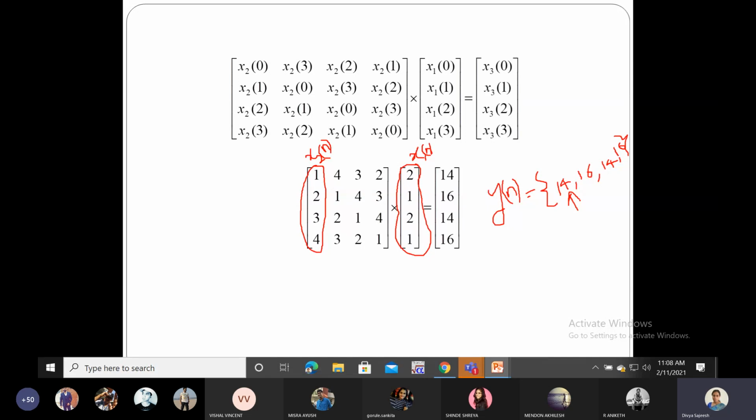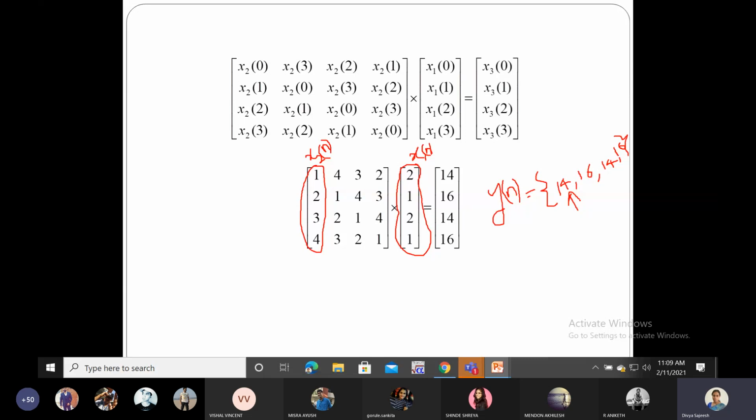The same sequences you can use for circular convolution, but here the problem is that one sequence has only 4 samples and the other has 5 samples. So you cannot multiply a 5-element sequence with a 4-element one. You have to insert zeros.